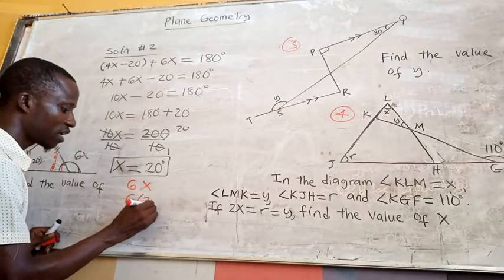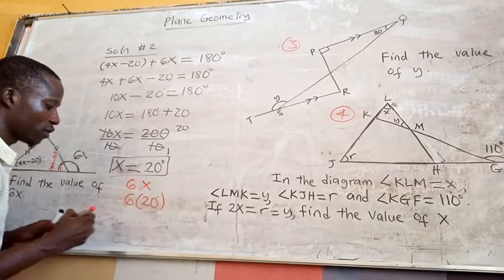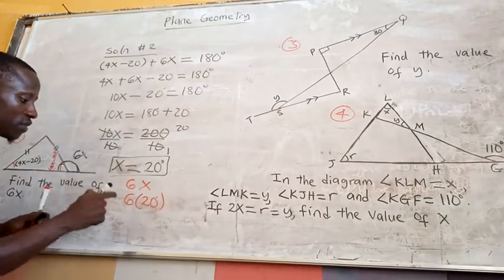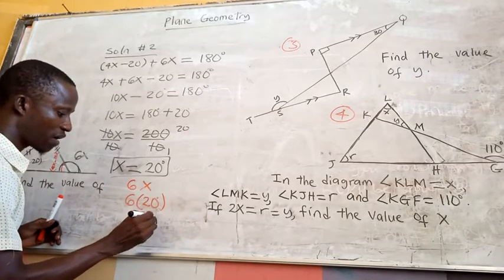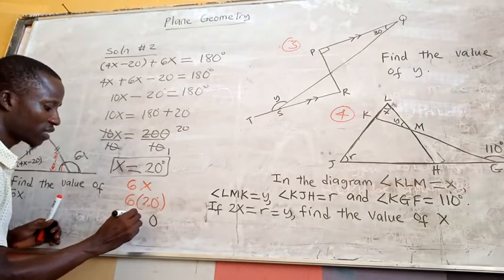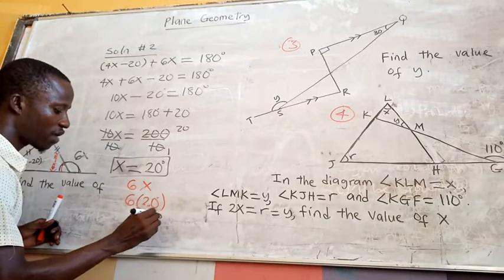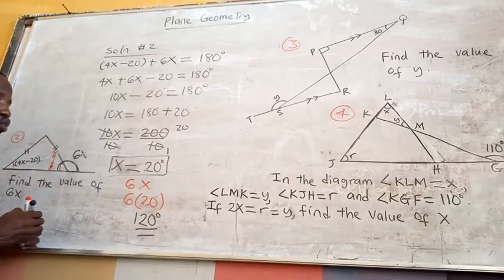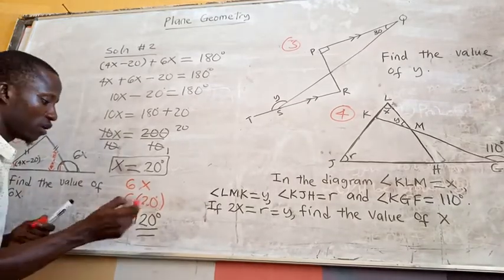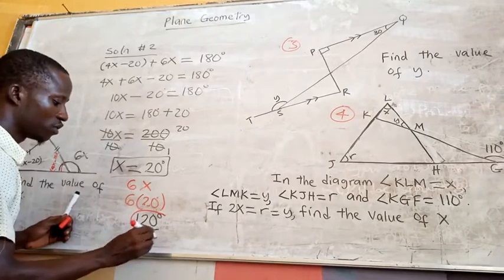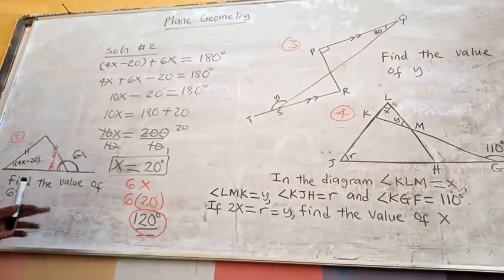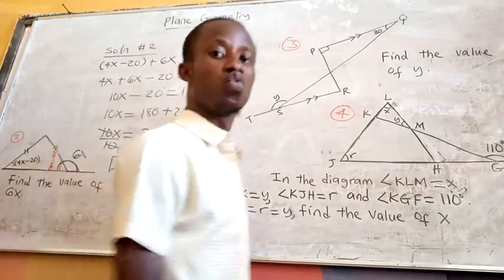So we have 6 times 20 degrees. Now 6 times 0 is 0, and 2 times 6 is 12. So we have the value of 6x to be equal to 120 degrees.